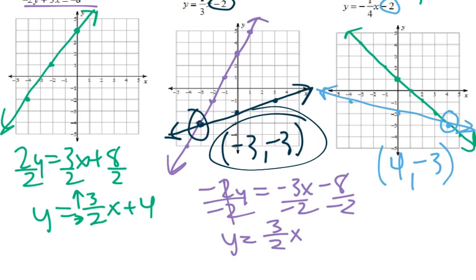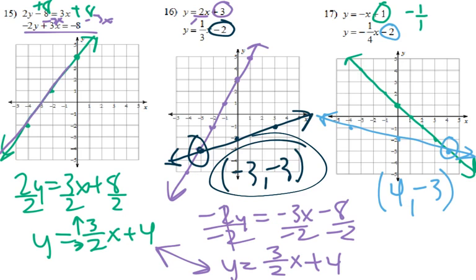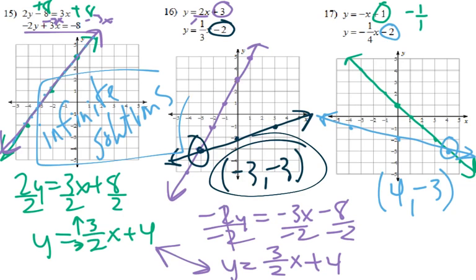Negative 8 divided by negative 2 is a positive 4. And what do we notice? Same exact line. So this line overlaps, right? So what does that mean? It means it's always intersecting, right? So how many answers do we have? There's infinite solutions. Every single, because they're the same line, every single one of these points is an answer. So we say infinite solutions.